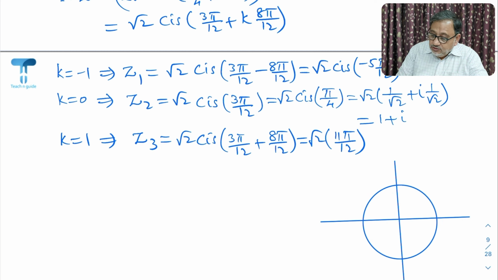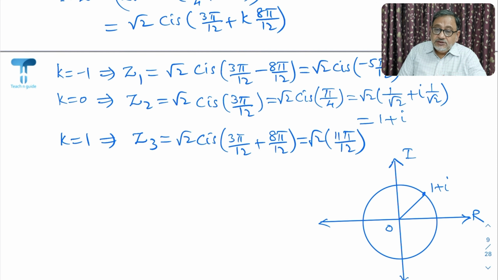Yeah, so real axis, imaginary axis. Now first one, 1 plus I, this 0, the middle one is here, 1 plus I, from origin it will be connected like that, okay.